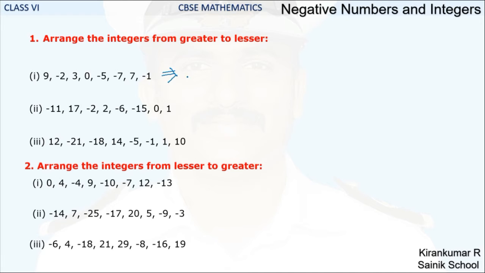When I arrange them from greater to smaller, I have to write the larger number 9 followed by 7, then 3, then 0, then minus 1, then minus 2, minus 5, and minus 7.